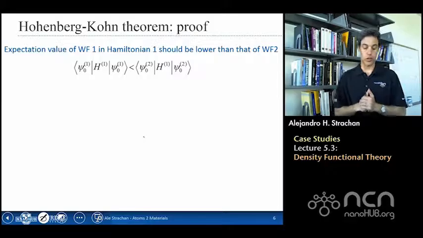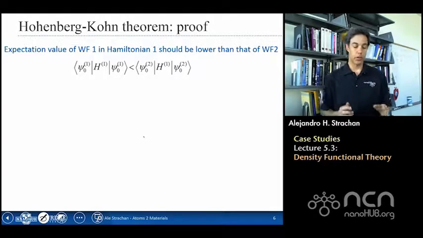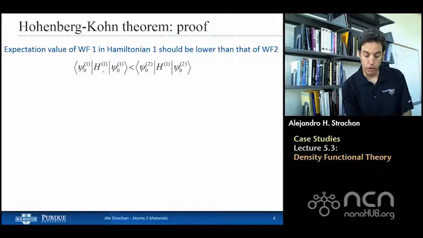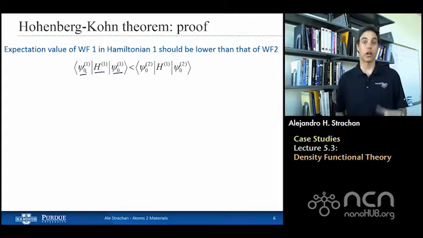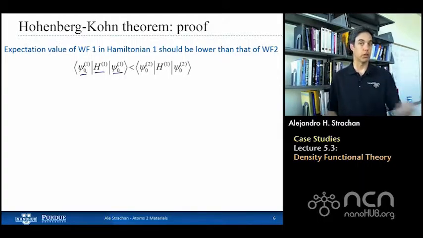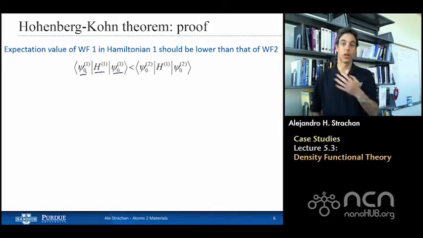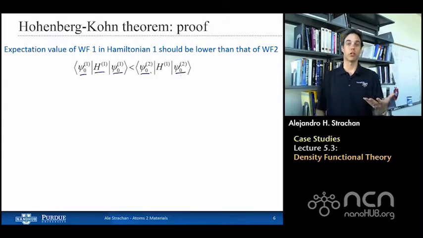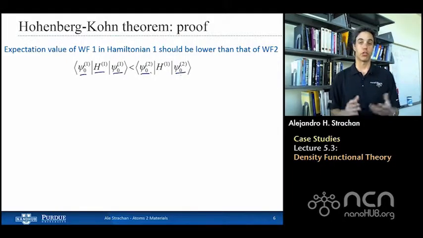So let's see what happens. What happens if I compute the expectation value of Hamiltonian 1 using the ground state wave function corresponding to system 1? Well, the energy that I get has to be lower than the energy of Hamiltonian 1 if I use wave function 2.